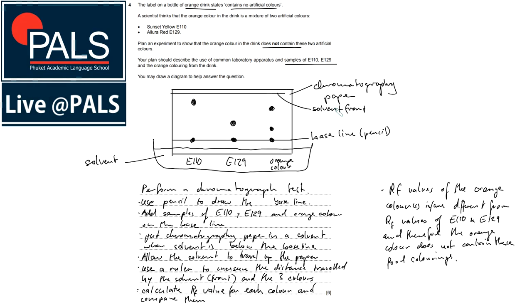I would recommend doing this by having the mark scheme right next to you for the first few questions, so that you just basically write it down following the mark scheme until you get an idea what the examiners want from you. And once you have an idea about the typical pattern of these questions, try to answer a few of these questions without the mark scheme, and then check how you've done afterwards. And once you've done this a few times, these questions usually become pretty straightforward and easy as well.